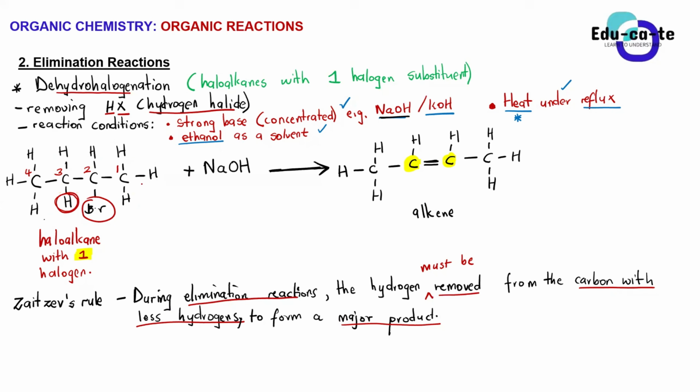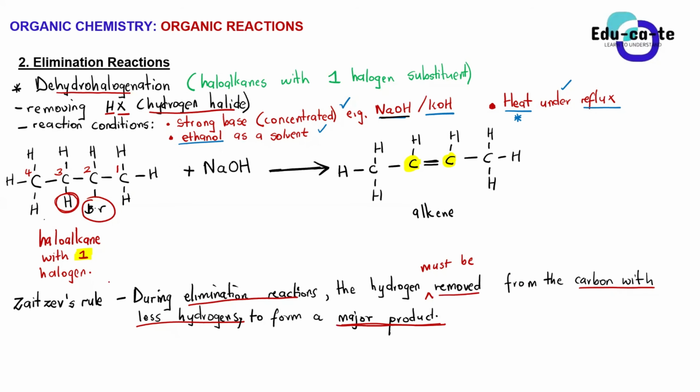Why didn't we remove it on carbon number 1? Because during elimination reaction, according to Zaitsev's rule, for us to be able to form the major product, the hydrogen must be removed from the carbon with fewer hydrogens.